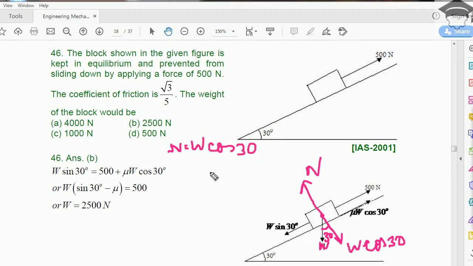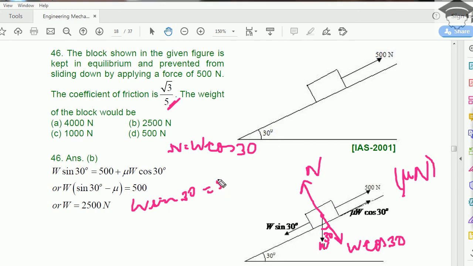In the x direction, the W sin 30 component comes in this direction, and in this direction comes the resisting force created by friction, whose value is mu into N, mu into the normal reaction. The mu value is given as root 3 by 5, so root 3 by 5 into N plus 500 is equal to W sin 30.